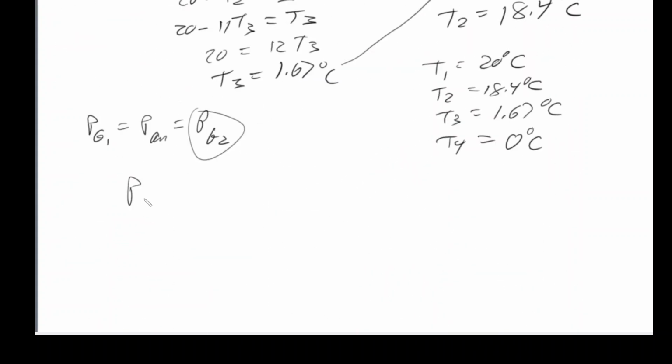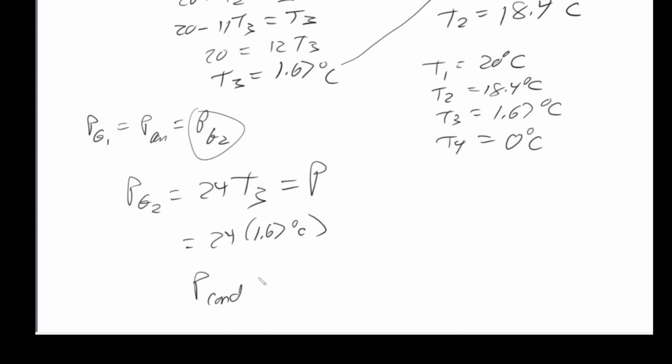So the conductivity through Pg2 is 24 times T3, which is equal to the overall conductivity. So that's equal to 24 times 1.67 degrees Celsius, or our conductivity is equal to 440.1 calories per second.